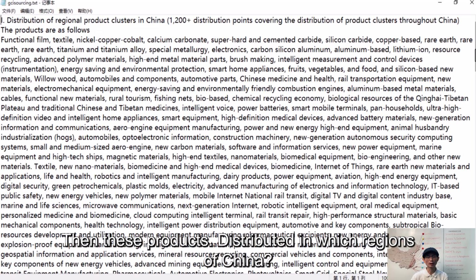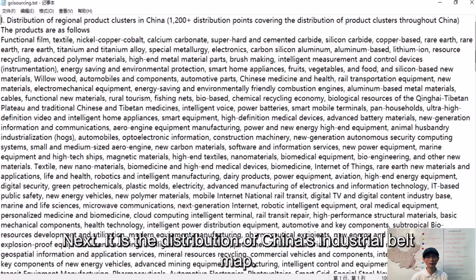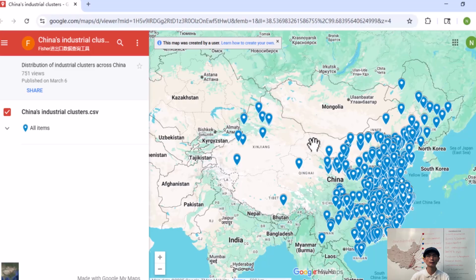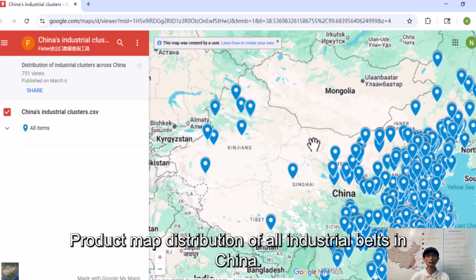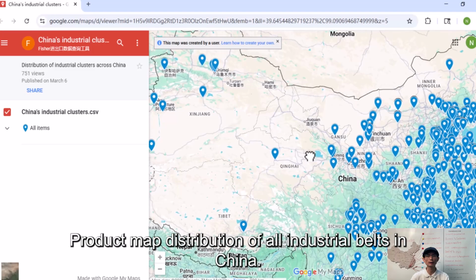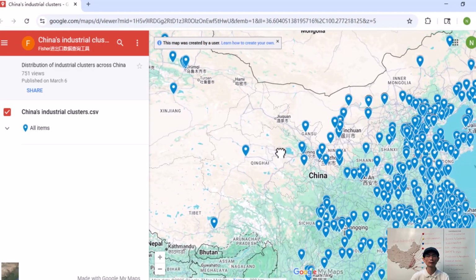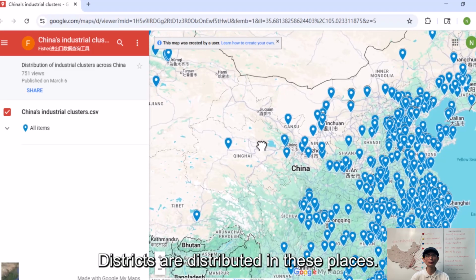Then these products, distributed in which regions of China? Next, it is the distribution of China's industrial belt map. Product map distribution of all industrial belts in China. Districts are distributed in these places.